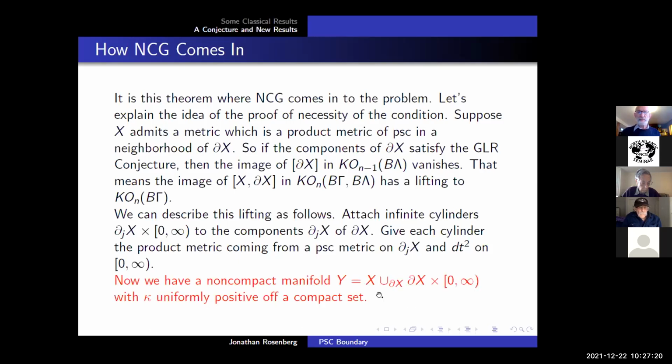So now we have a non-compact manifold. It's X with these cylinders attached. And on all of the cylinders, the scalar curvature is equal to the scalar curvature of the boundary, which was strictly positive. So this is a non-compact manifold, but the scalar curvature is uniformly positive off a compact set. And that's a situation that was studied by Gromov and Lawson way back in 1980.